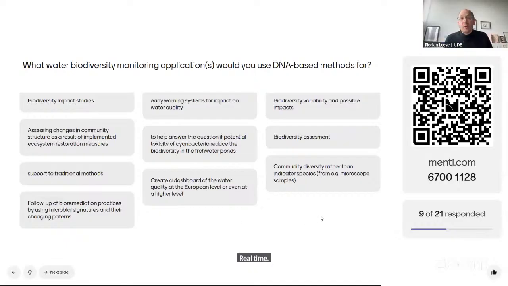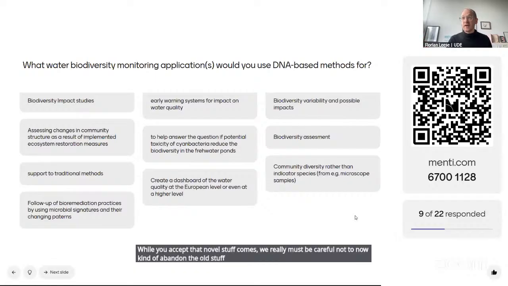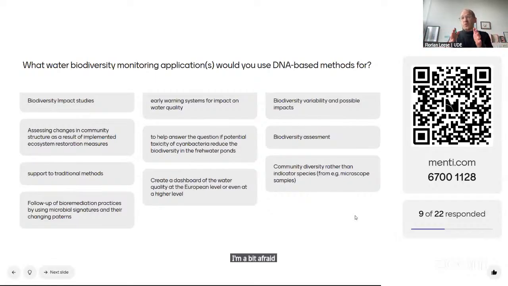And I would really love to also comment on this support to traditional methods. I really think that while we accept that novel stuff comes, we must be careful not to abandon the old stuff, right? There's so much good there. And I'm a bit afraid that we will move towards lots of generalized ecologists with some taxonomic knowledge, but we lose the experts.